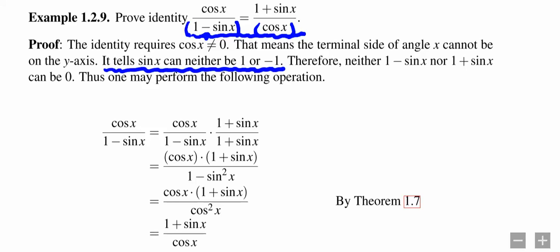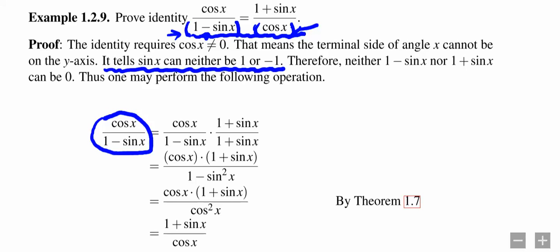So if cosine x on the right-hand side cannot be 0, then the left-hand side denominator will not be 0. Now, the common technique to prove this is starting from the left-hand side.